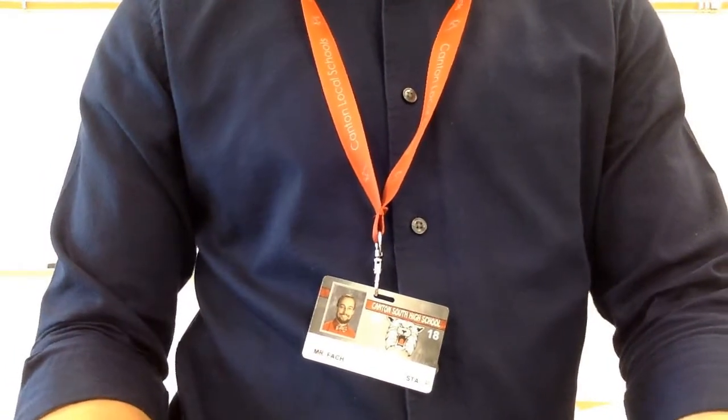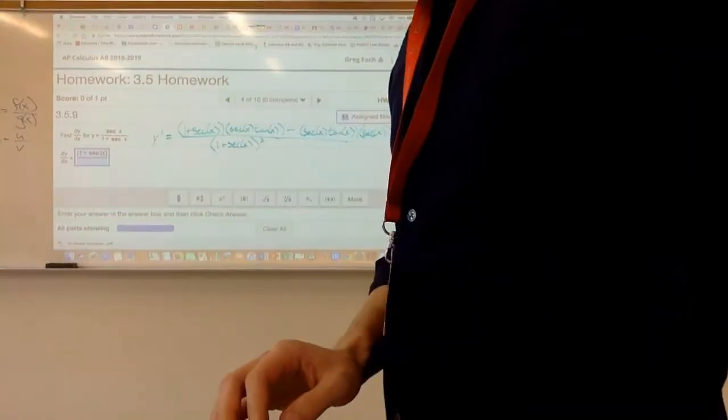I thought I typed it in right. Plus... don't put it in parentheses. I never had to put parentheses around the x. I just typed it in as secant x. Does that work? Yeah, it works either way.